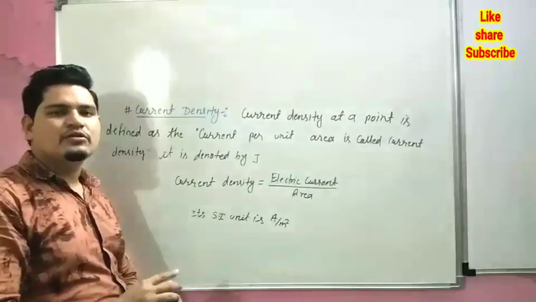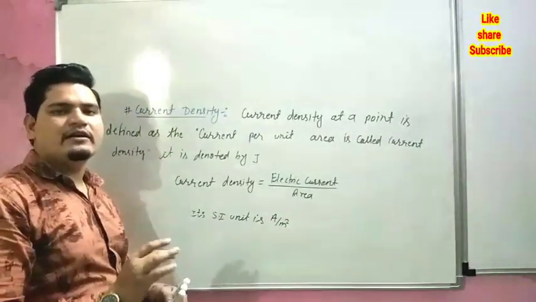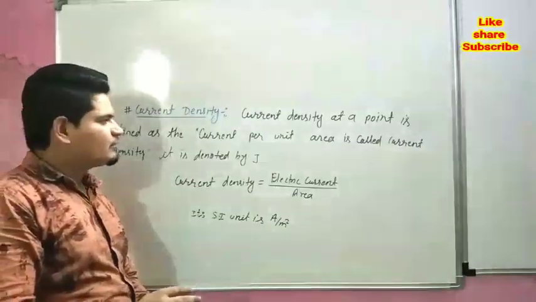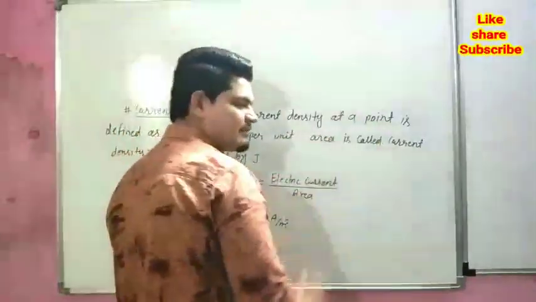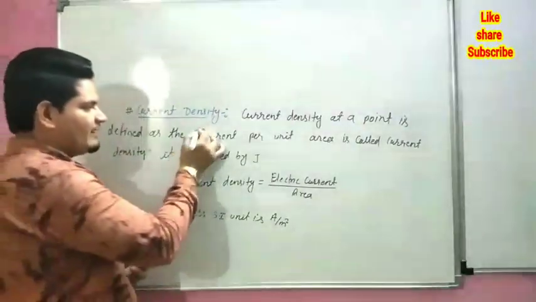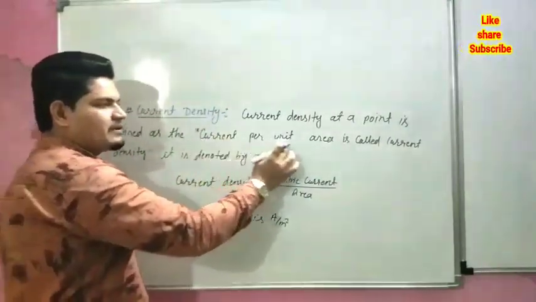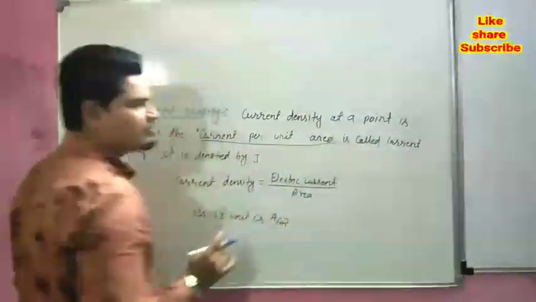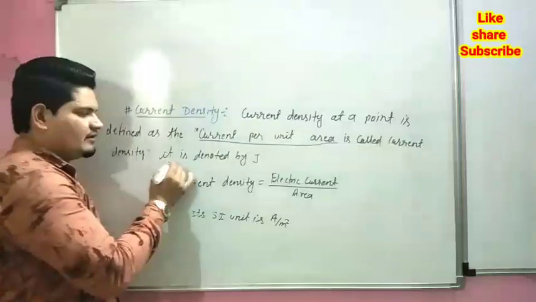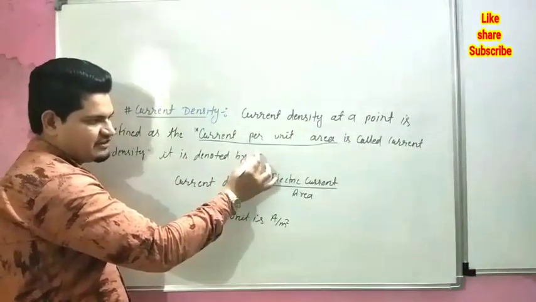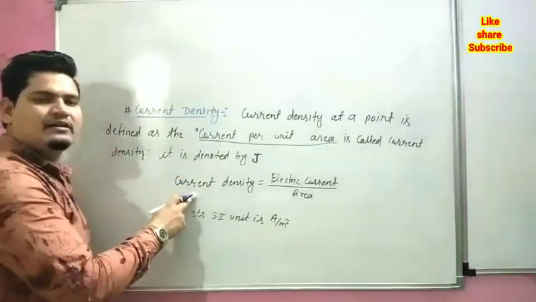It is the ratio of current and the area of cross section of the conductor through which current is flowing. So current density at a point is defined as current per unit area. It is denoted by the symbol J.